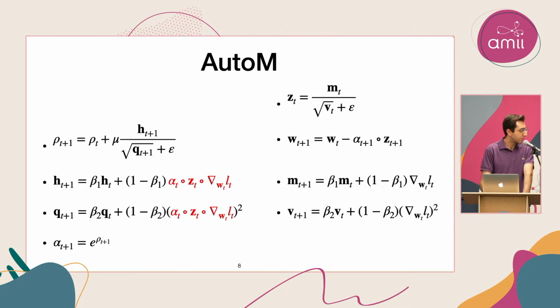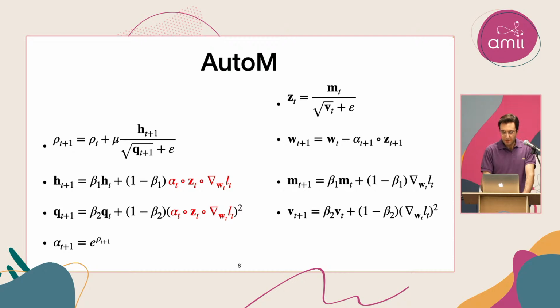And if it decreases, it reduces rho. And rho is basically a log of the step size. So if you have a lot of variance in the gradients, it will reduce the step size. And if you have the same signs over and over again, it will increase the step size to make it go faster. That's the basic idea.